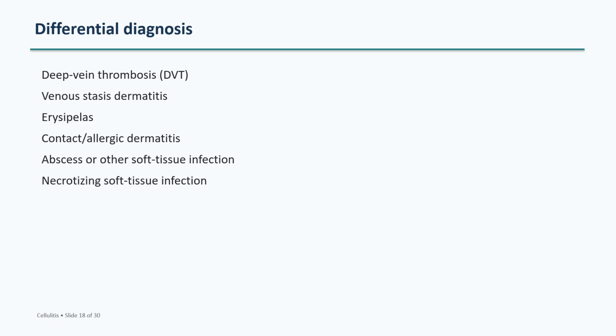Venous stasis dermatitis can be present in the patient, and other contact allergic dermatitis may be present. Erysipelas, abscess, and other soft tissue infections can be present in the patient. And necrotizing soft tissue infection can also present in the patient, which are different from cellulitis.